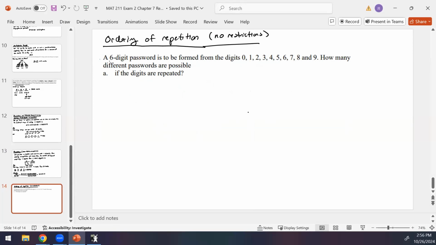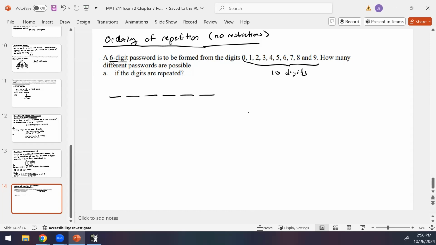So again, we want 6 digits. So 1, 2, 3, 4, 5, 6, right? That's it. And then how many digits do I have? 1, 2, 3, 4, 5, 6, 7, 8, 9, 10. 10 digits.